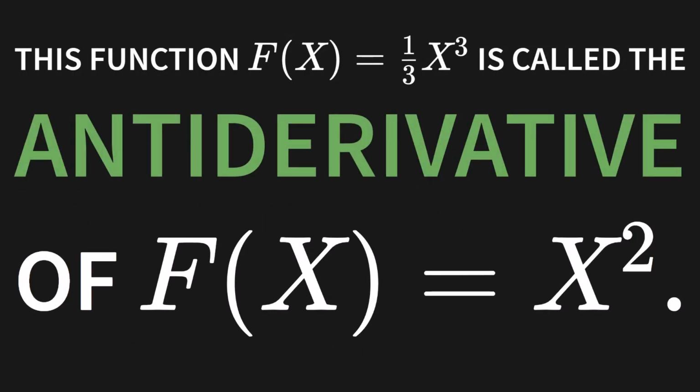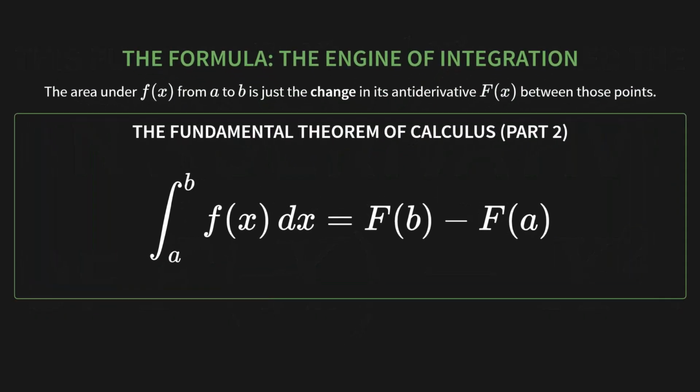This function we found, capital F of x equals 1/3 x cubed, is called the antiderivative of f of x equals x squared. And that is the key that unlocks everything. Now for the formula, the engine of integration. The area under f of x from a to b is just the change in its antiderivative, capital F of x, between those points.